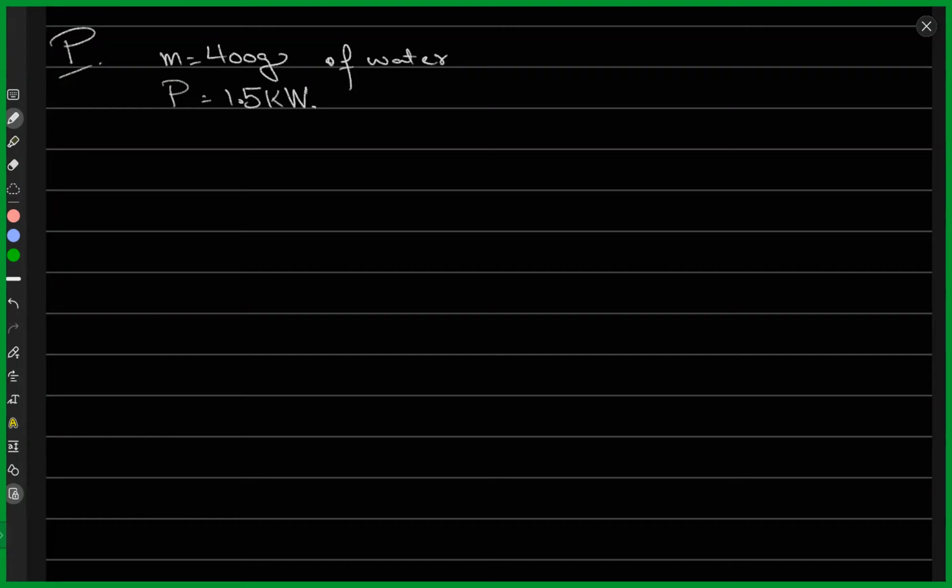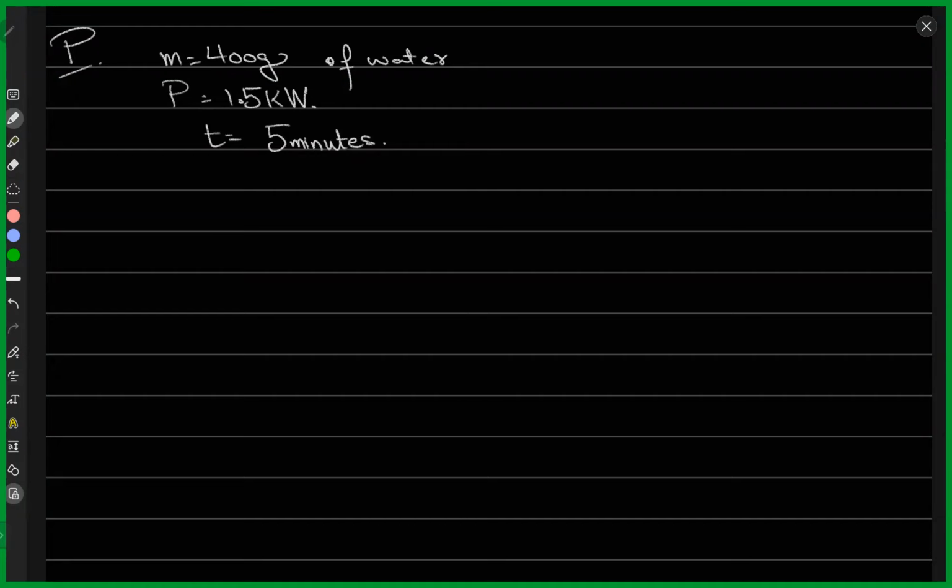So some of the mass of water is converted into gaseous vapor, and we want to compute what mass of water is now left in the kettle after I have converted this liquid to gas. So the kettle is turned on for 5 minutes, and then you can say that the kettle is turned off.